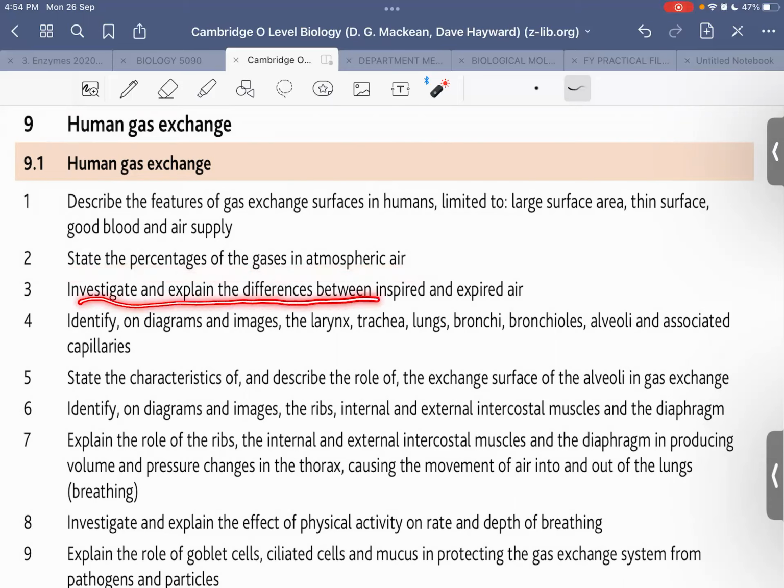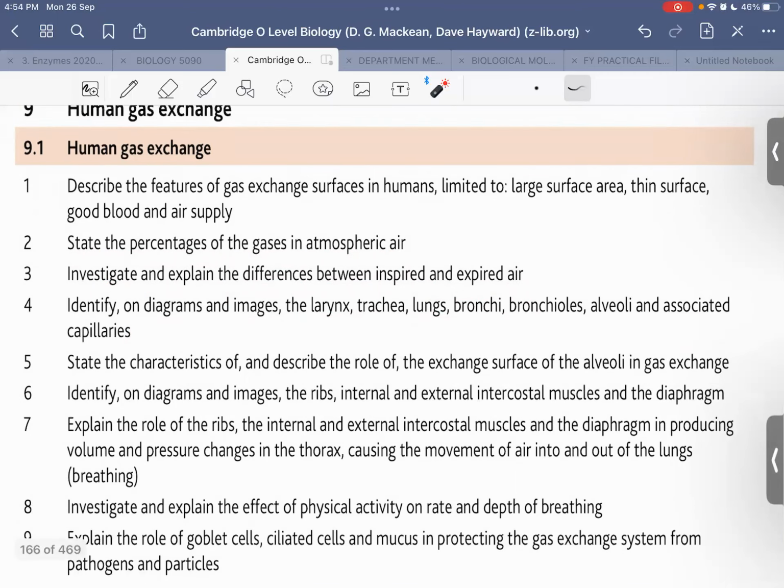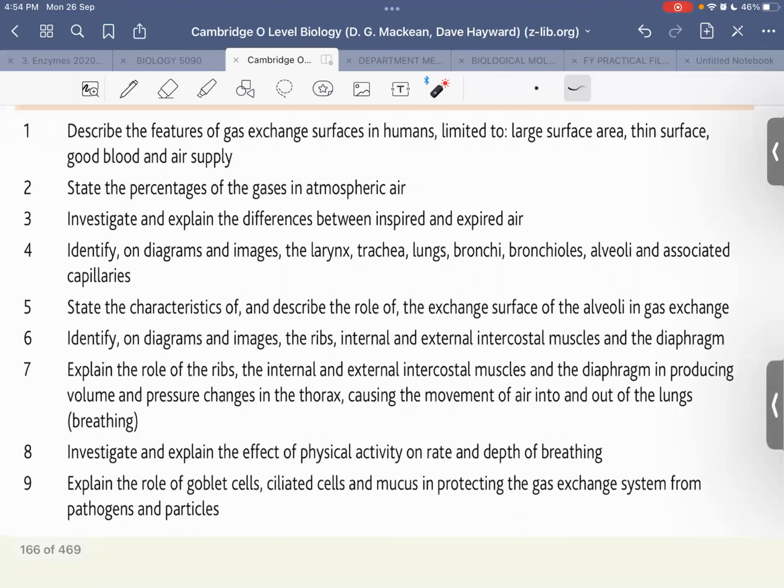Investigate and explain the differences between inspired and expired air. Yes. Identify on diagrams and images the larynx, trachea, lungs, bronchi, bronchioles, and capillaries. Done? Yeah. State the characteristics of and describe the role of exchange surface of the alveoli in gas exchange. Done? Yes.